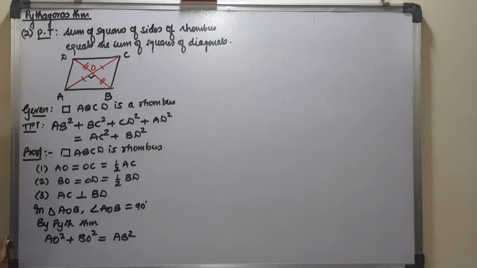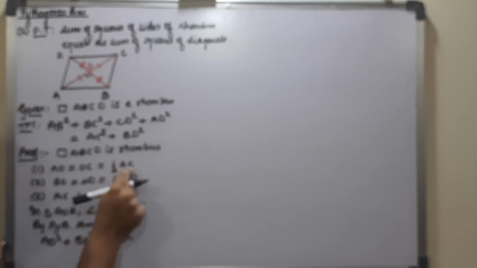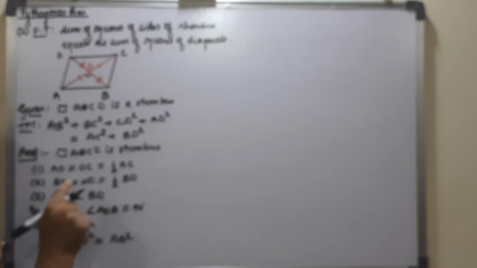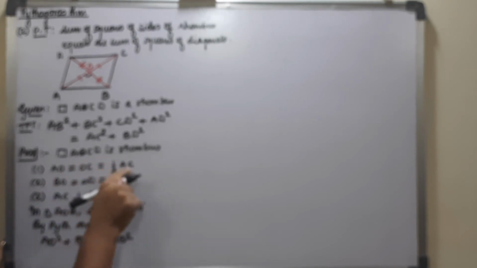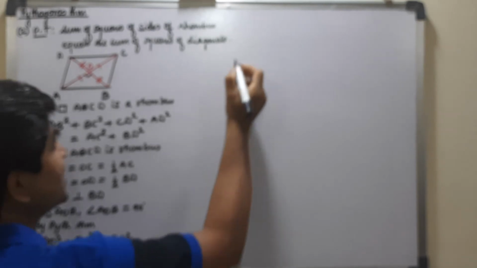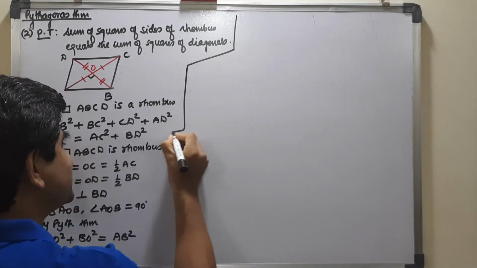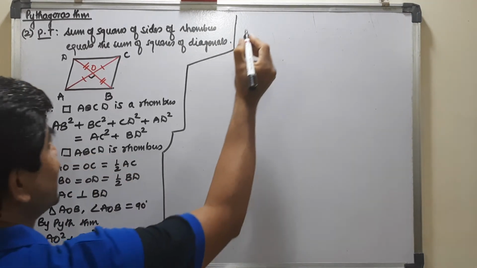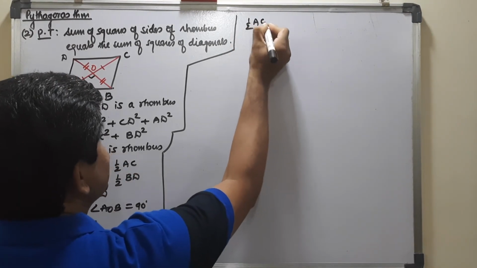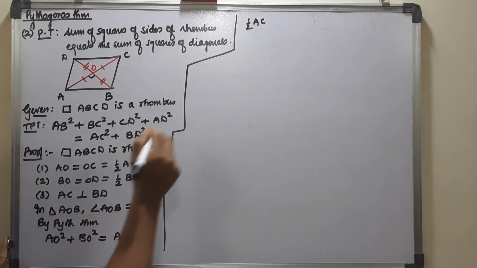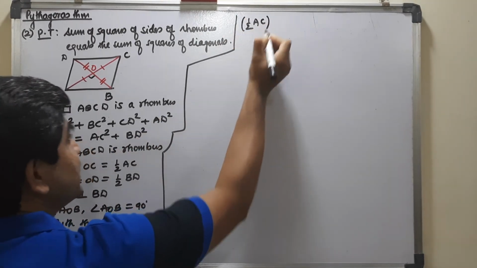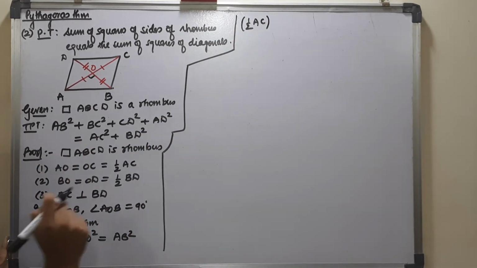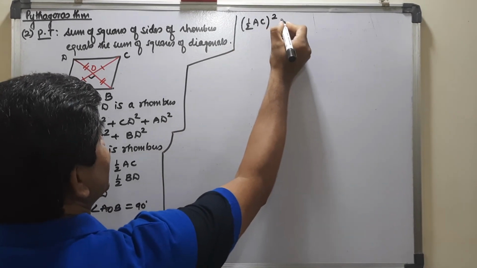Now you can see here that AO is related to OC, which I don't want, but I surely want the AC diagonal, correct? That means AO can be replaced in terms of AC. So replacing AO, I get half of AC, that is the value of AO, but it is AO square, so I need to square it here.